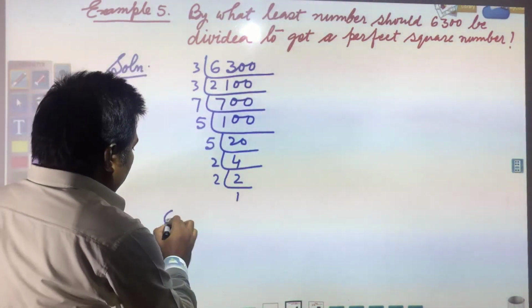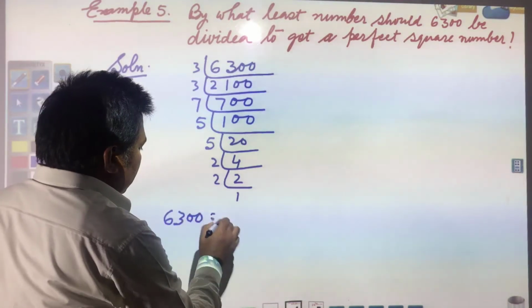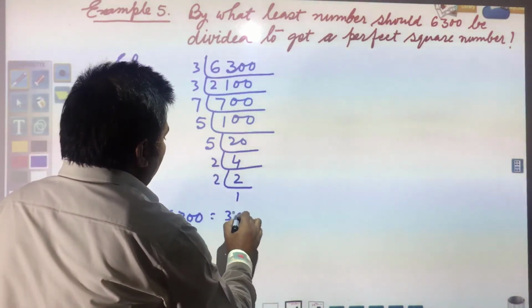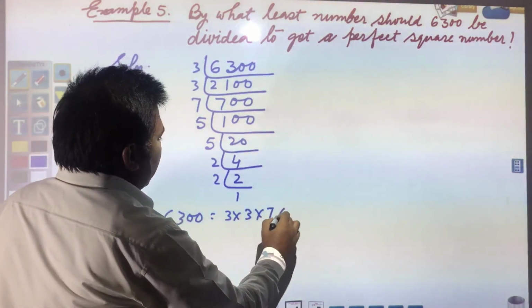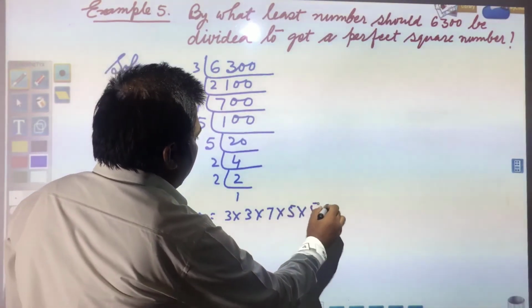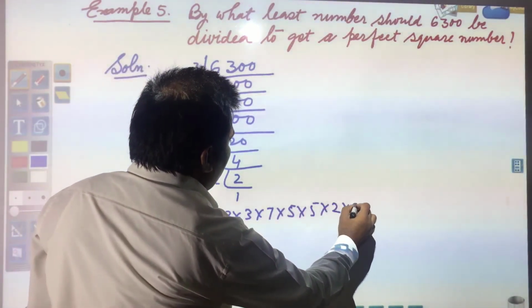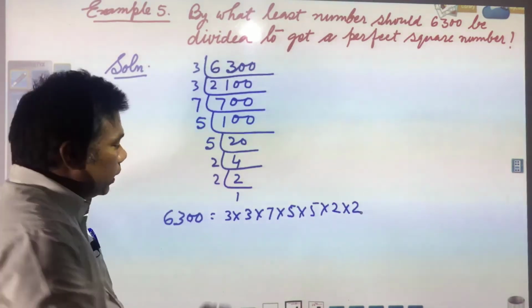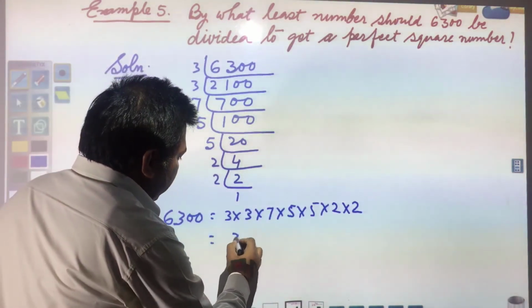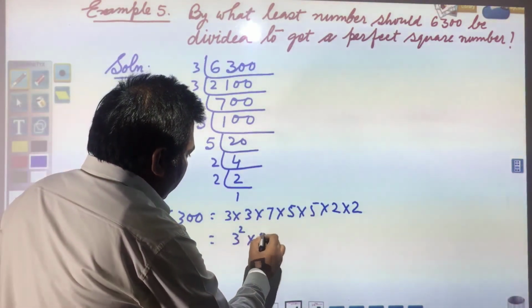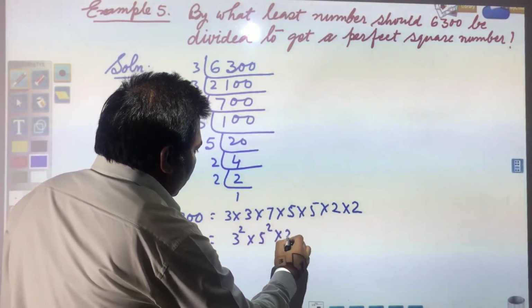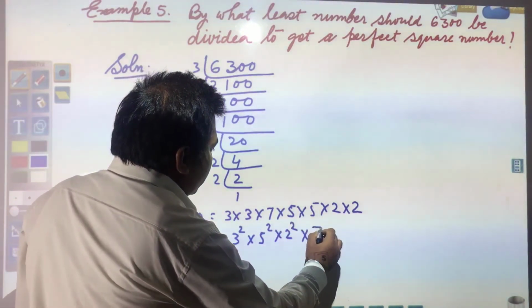So 6300 can be expressed as 3 into 3 into 7 into 5 into 5 into 2 into 2, or this can be written as 3 square into 5 square into 2 square into 7.